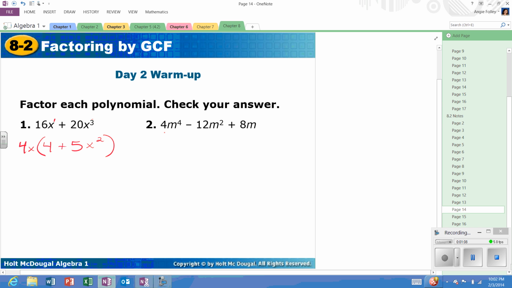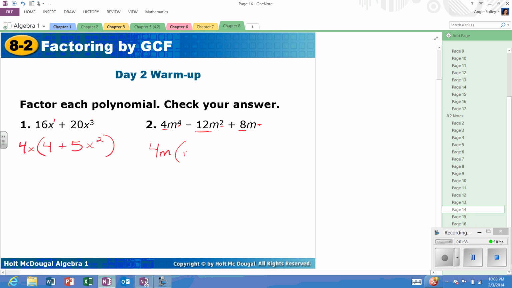Okay, on this next one, so what can I pull out of 4, 12, and 8? Well, the biggest number they all have in common is a 4. And then in terms of my m's, I can only pull out one m. So now what do I have left? Well, what do I need to multiply 4m by to get back to 4m to the fourth? Well, I already have a 4, so I just need a 1. You don't have to write the 1.